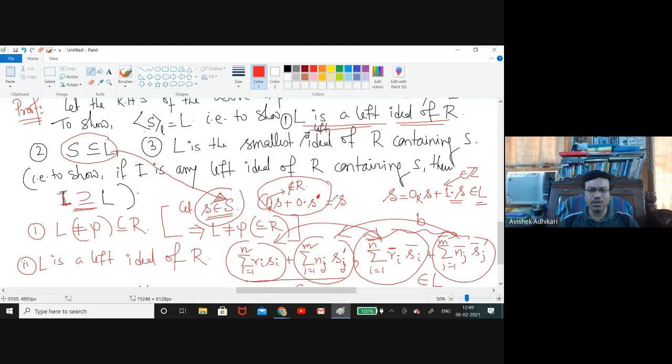Okay. So the only thing that is left is that L is the smallest ideal of R containing S. So that we need to show. That means we will take any left ideal I which contains S, then we will show that I must be greater than or equal to L. Then we are basically done. So let's start with that.